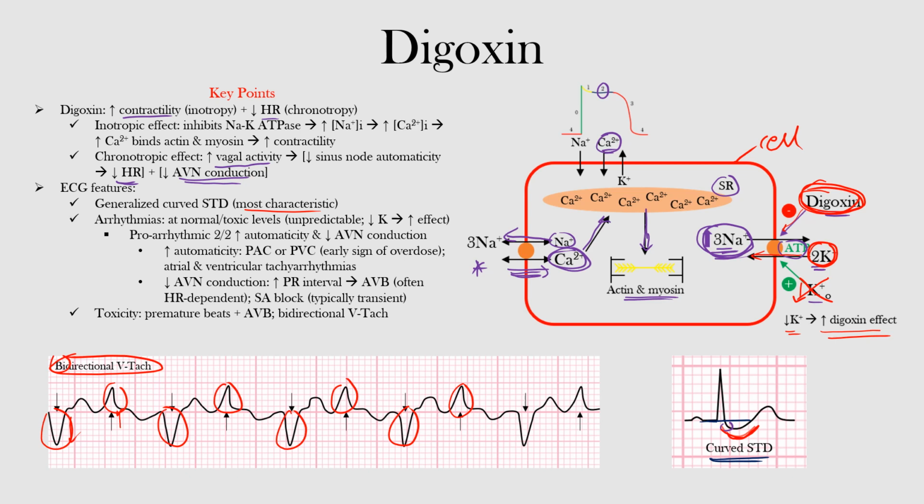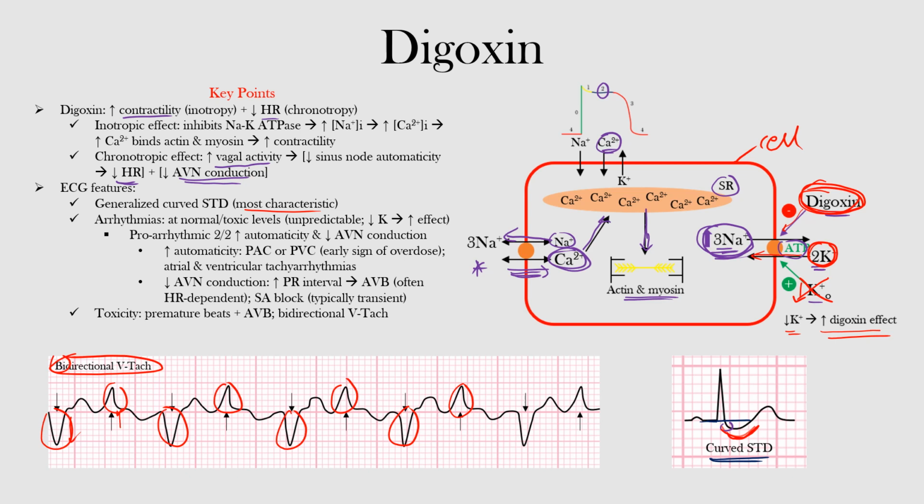All right, let's review what we discussed and go through this chart to make sure we didn't miss anything. Remember, digoxin increases contractility, which we call the positive inotropic effects, and it also decreases the heart rate, which are the negative chronotropic effects.